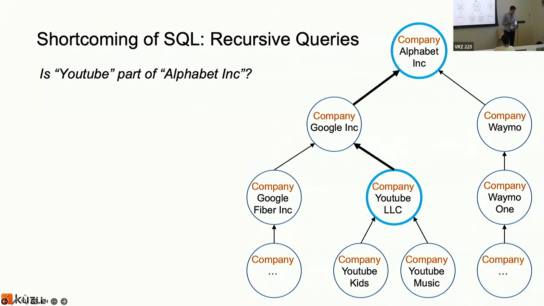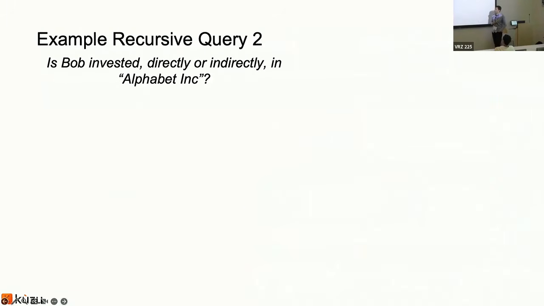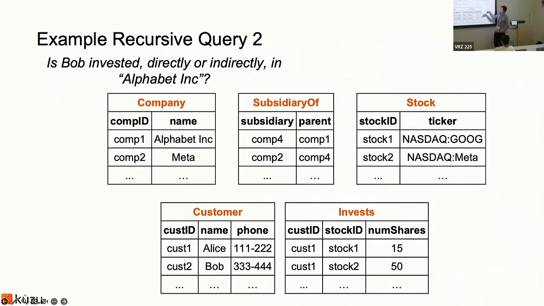Or similarly, if you were to ask this question, has Bob invested directly or indirectly in Alphabet Inc.? This may not be a super realistic example, but if you're trying to answer this question in SQL, you obviously can, since all the information is in these records.